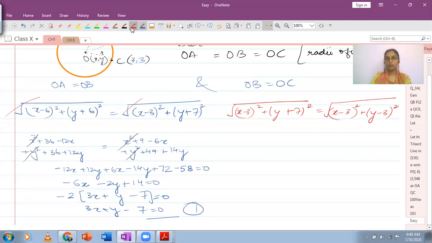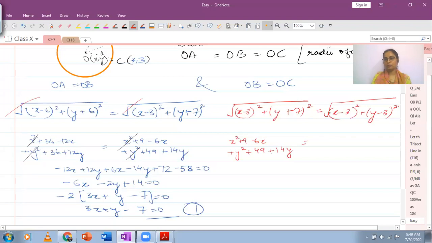Let's work with the second one now over here. x squared plus 9 minus 6x plus y squared plus 49 plus 14y equals, simplify the right-hand side and you can cancel the roots. x squared plus 9 minus 6x plus y squared plus 9 minus 6y.